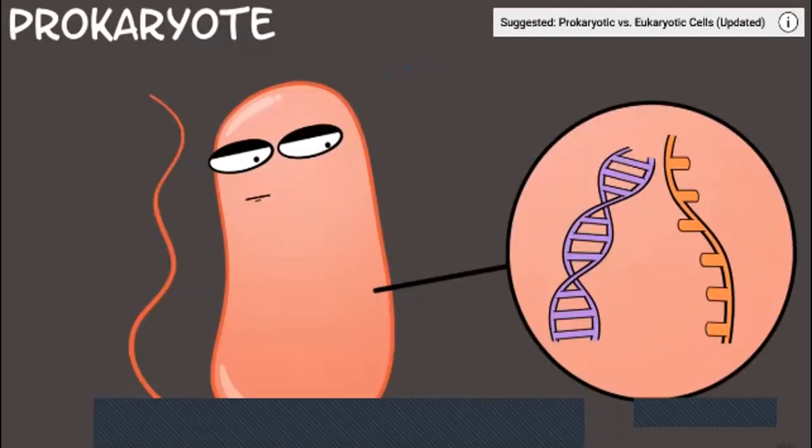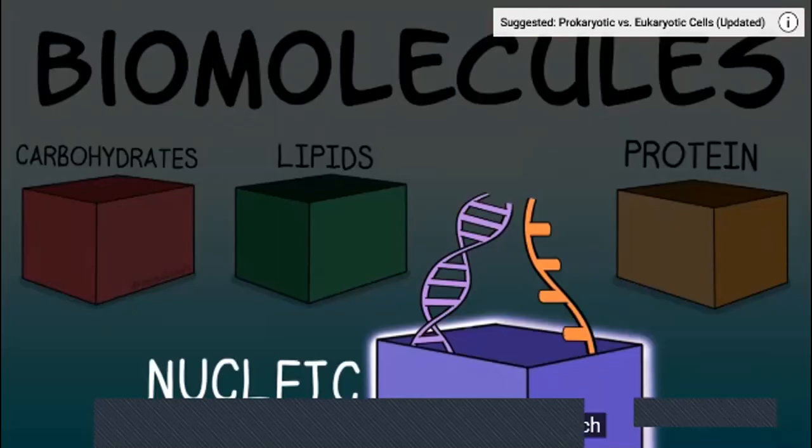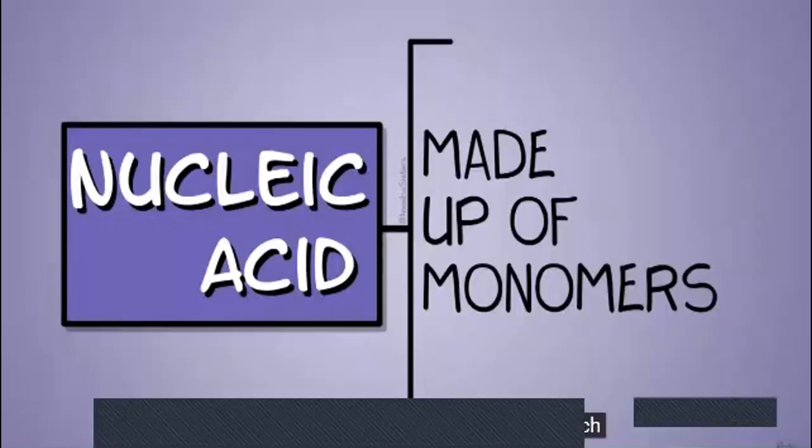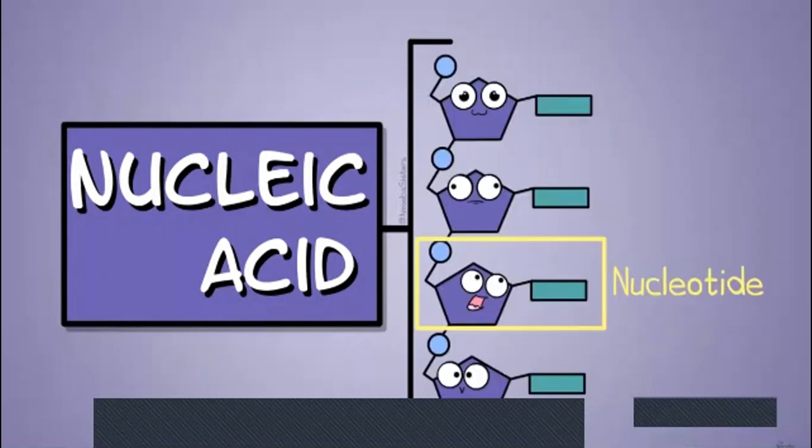Prokaryotic cells don't have a nucleus. Both DNA and RNA are nucleic acids, which are a type of biomolecule. Nucleic acids have a monomer, which, if you remember from our biomolecules video, is a building block. The monomer for nucleic acids is a nucleotide, so both DNA and RNA have nucleotides.